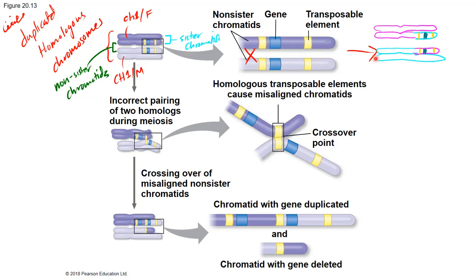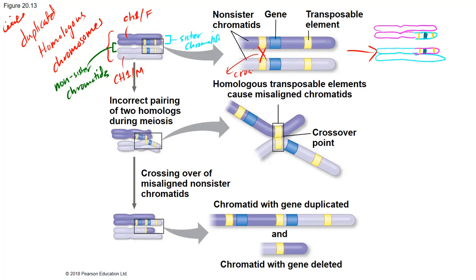But notice here, we have transposable elements, which means this is repetitive DNA, this is repetitive DNA, this is repetitive DNA, okay? And the exchange is happening here, actually. And this crossing over is happening here because this DNA is identical in sequence to this DNA, which means these identical sequences could be the site of crossing over.